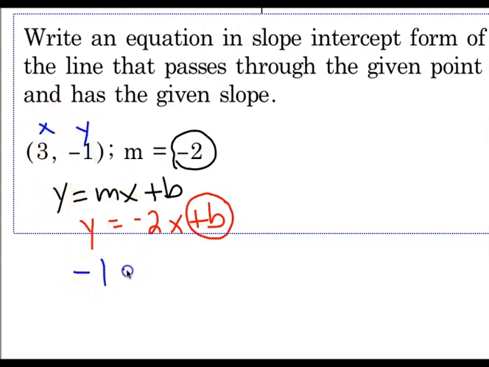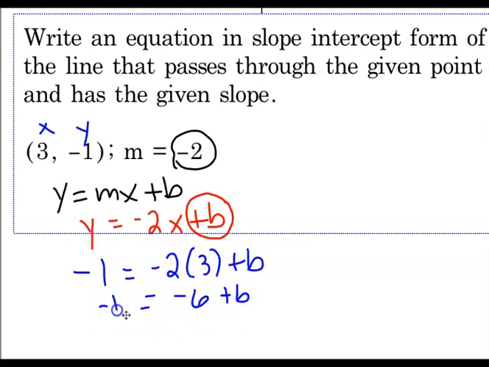So I get -1 equals -2 times 3 plus b. Well, -2 times 3 is -6 plus b equals -1. So I'm going to add 6 to both sides, and I get b to equal 5. So now I'm ready to write my equation.